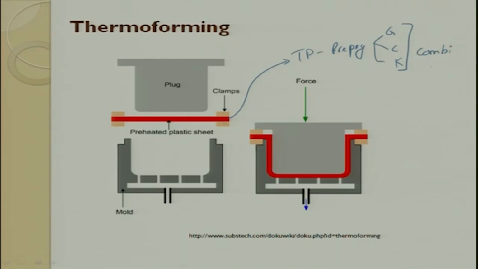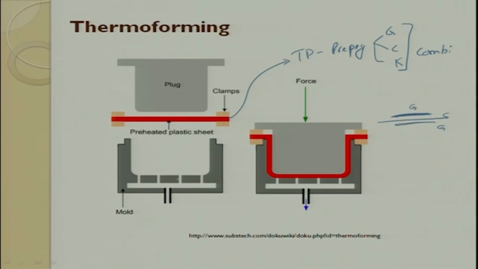If you want, you can put glass fiber here, this is glass, this is carbon, and you can also have one more glass layer, and then you get the required output. So, there is a plug, there is a clamp, and this is a plastic sheet. We keep it on a die, and this die is called the mold.